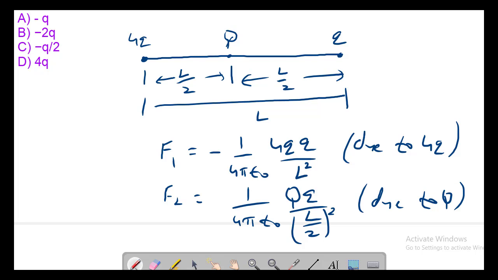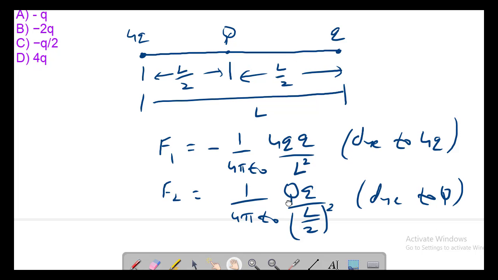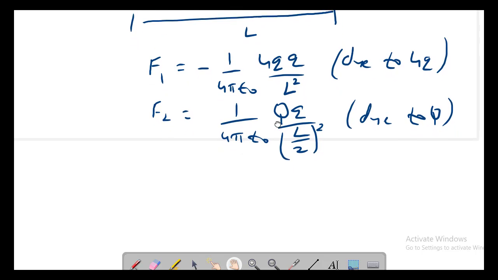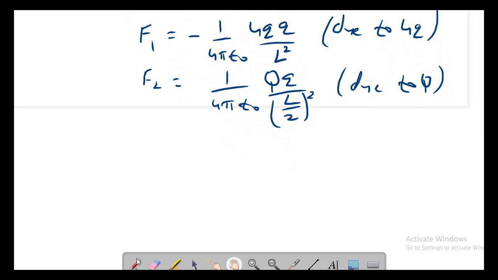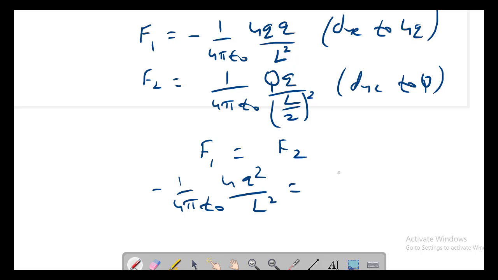Now what we are given is how much the charge should be so that the net force is 0. The net force will be 0 if F1 equal to F2. So we can equate them. What we get is F1 is minus 1 upon 4 pi epsilon 0, 4q square upon L square, equal to 1 upon 4 pi epsilon 0, and this 2 will go up, so we get 4q upon L square.